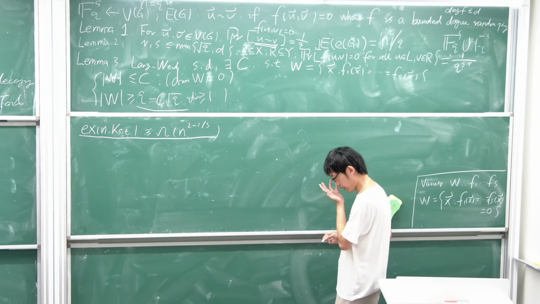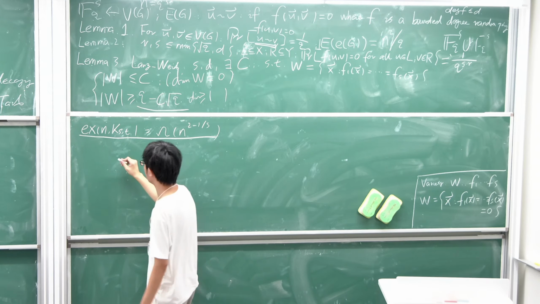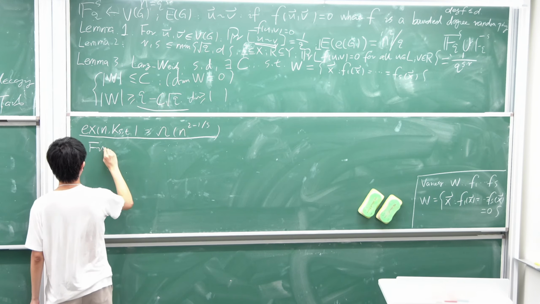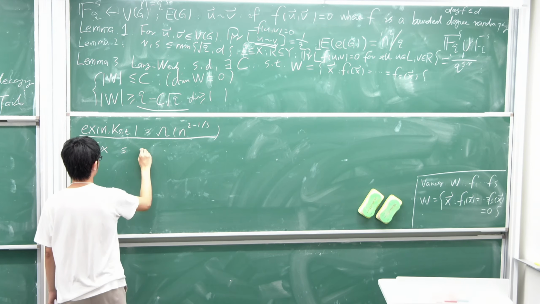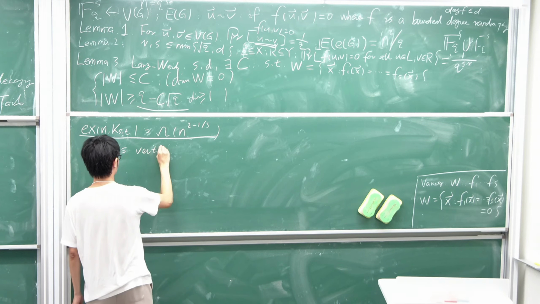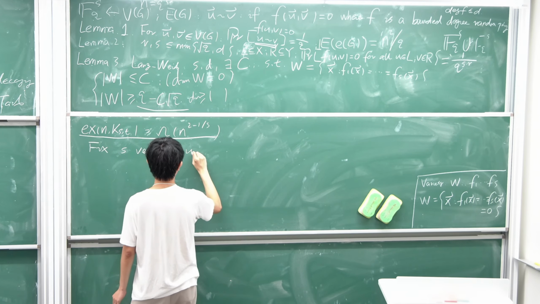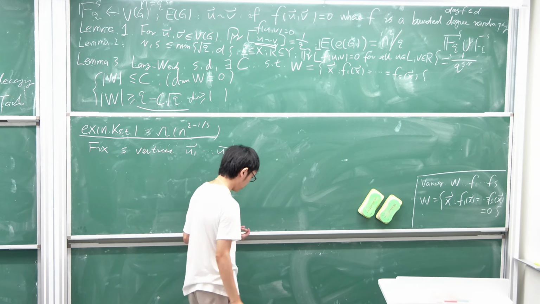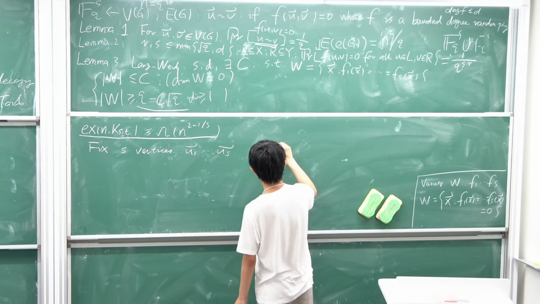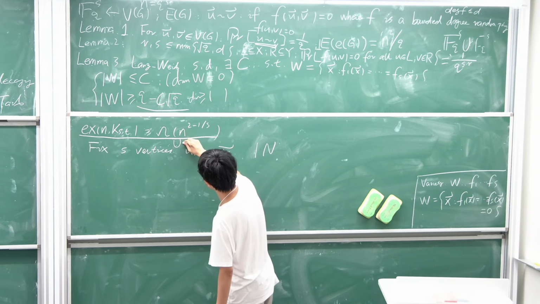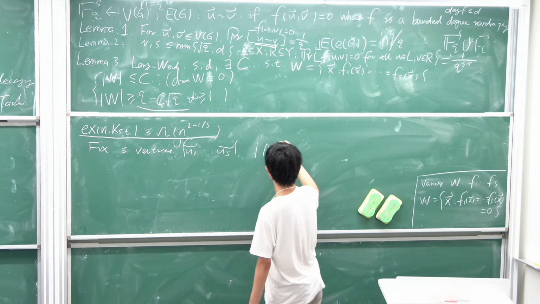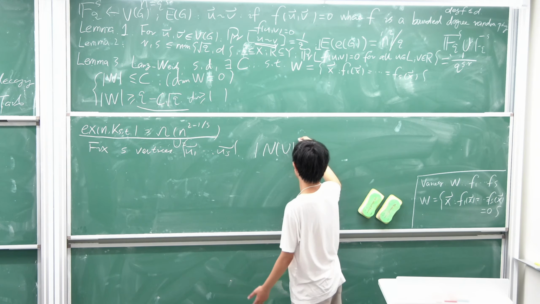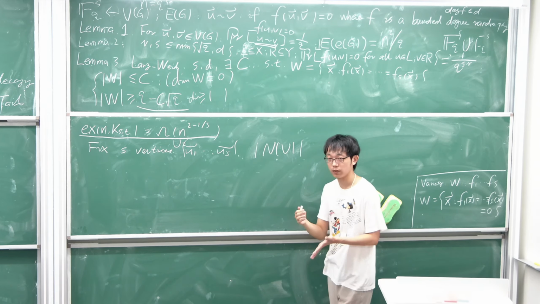As usual, we fix vertices U1 through US, and we want to write this U and upper bound its common neighbors.